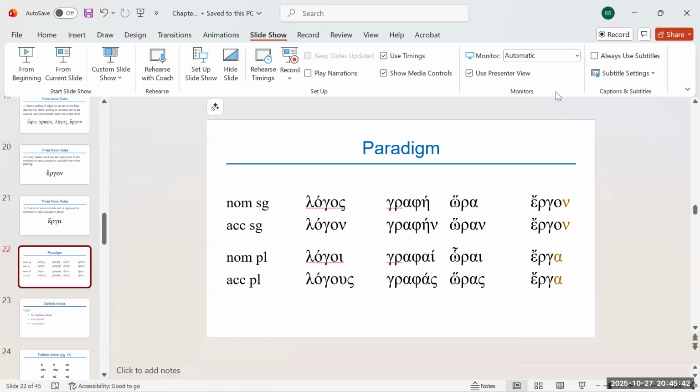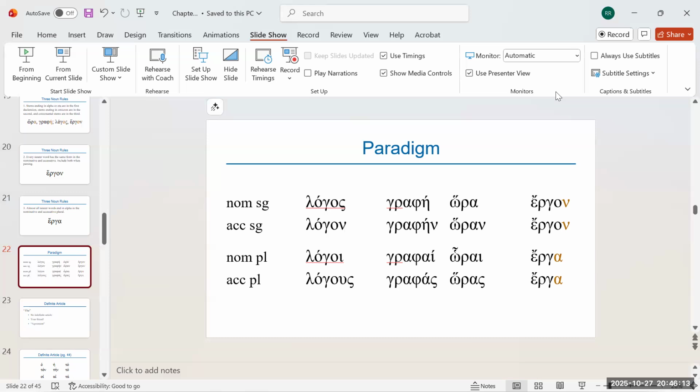If I tell you to parse a word and you see ergon, then you need to tell me that it is a neuter nominative singular work. You need to tell me that it's neuter nominative singular or accusative work from ergon.